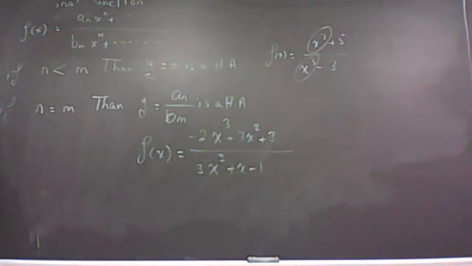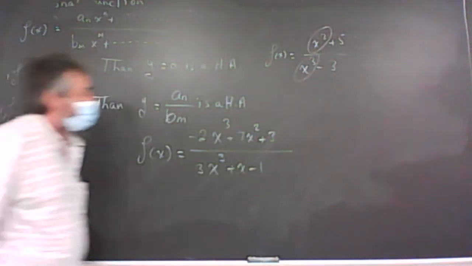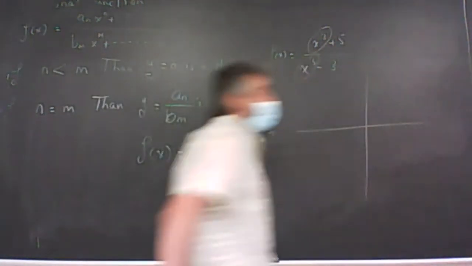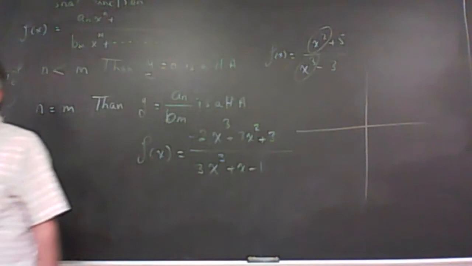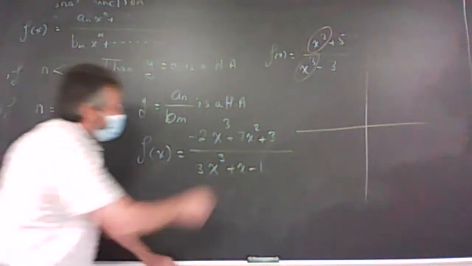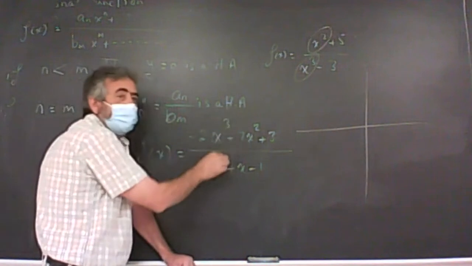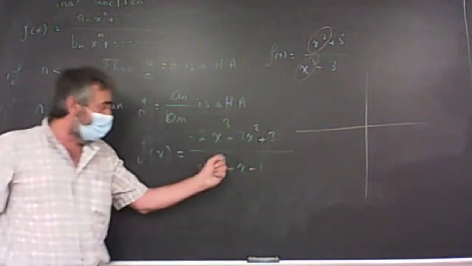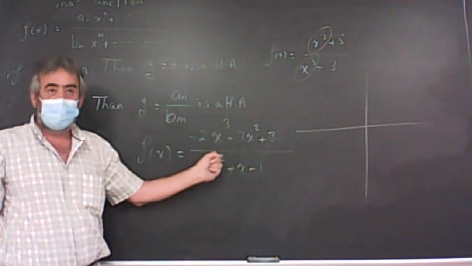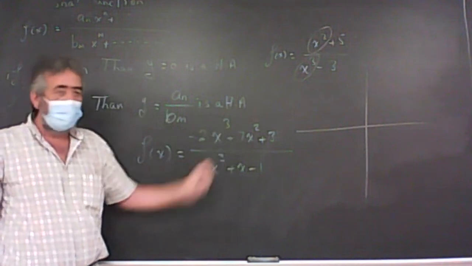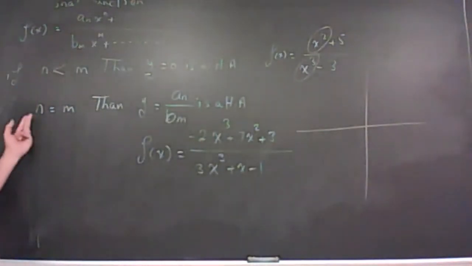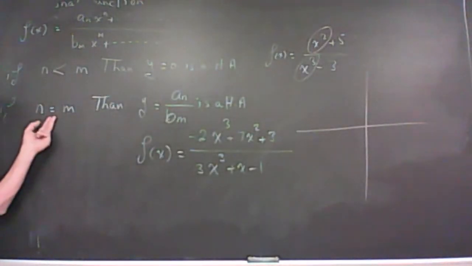So if I need to graph this, I know the graph has a horizontal asymptote because those two exponents are exactly the same. Notice, I'm only looking at the highest exponent in both. Yeah? Now, we know there is an asymptote because that meets the condition.